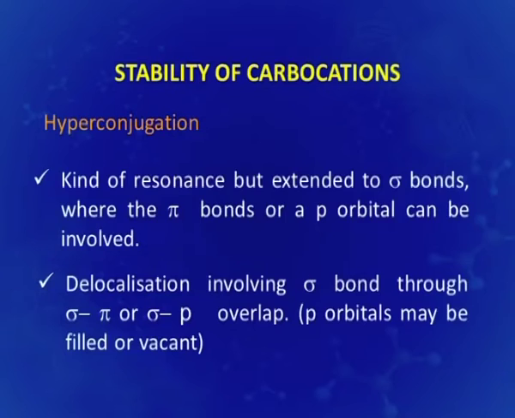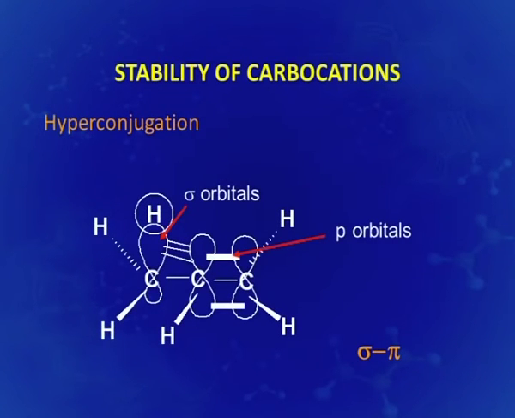If we look into the orbital diagram of a sigma pi overlap, we would see that the sigma orbitals can interact with the pi bond which is formed in between this C and this C. So, here though there will not be any bond formed, but still this will be augmenting to stabilize the carbocation which will be formed.